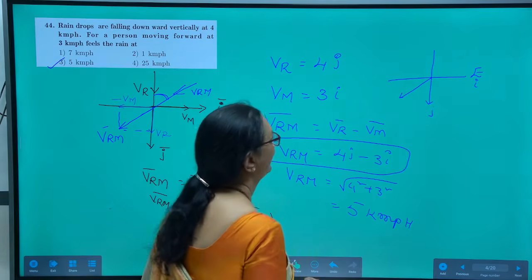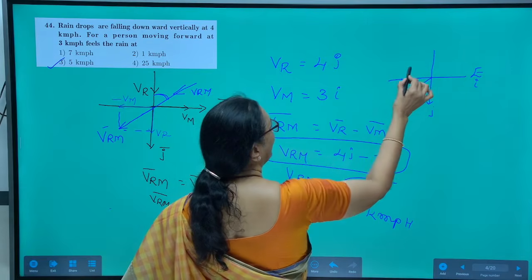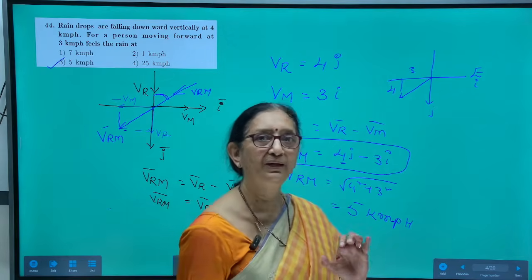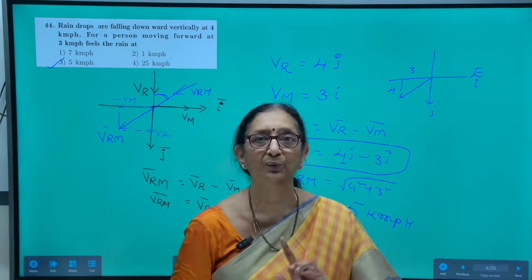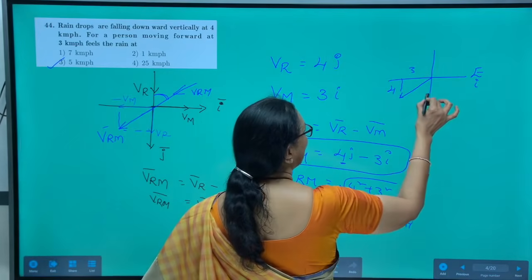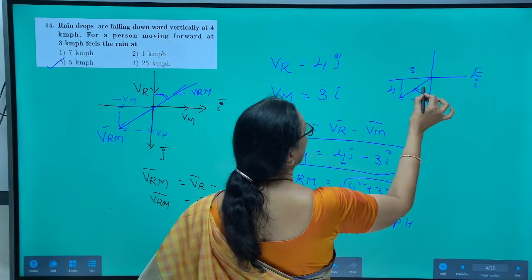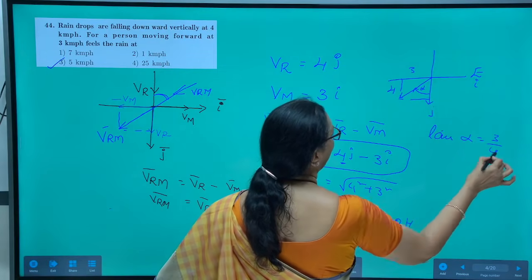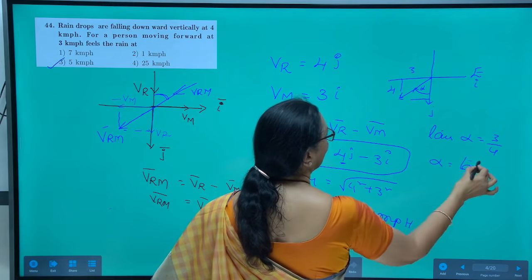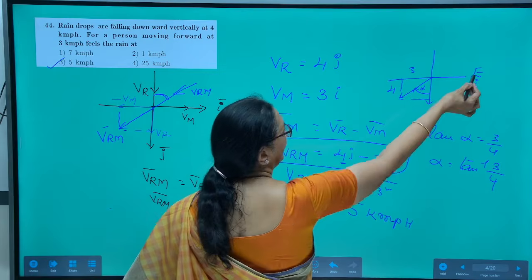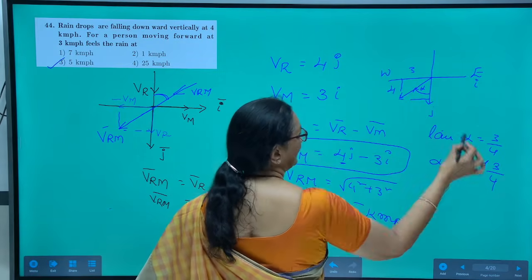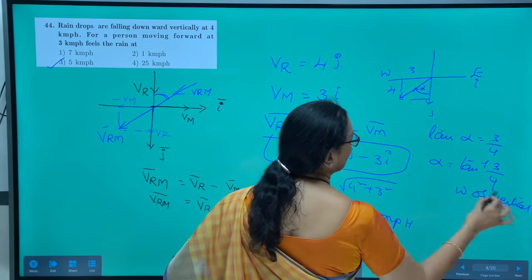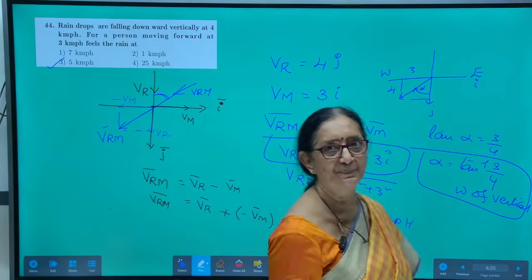It is like this, right? X component is 3 and Y component is 4 here. We always mention the direction of rain with respect to the vertical. So, this angle we need to find. If you take this as alpha, tan alpha is equal to 3 by 4, alpha is equal to tan inverse 3 by 4. If this is east, this becomes west. So, west of vertical. That is the direction of rain with respect to the man.